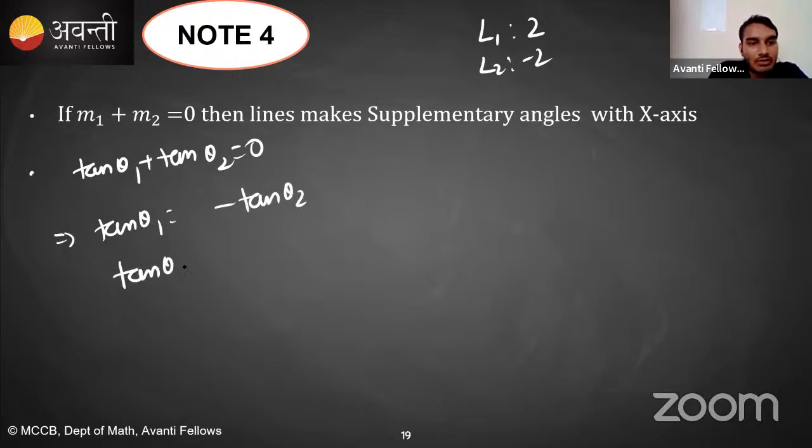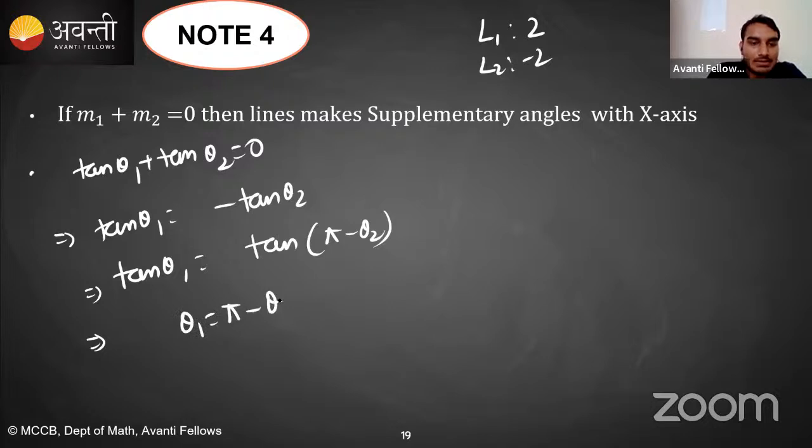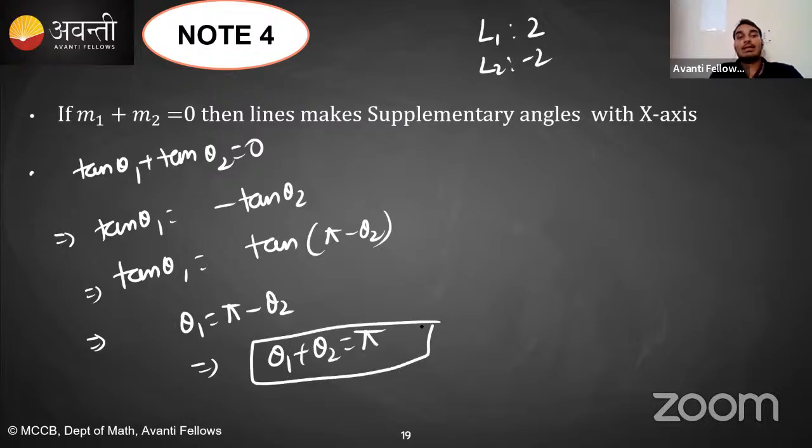And from trigonometry, tan of pi minus theta is minus tan theta, right? So minus tan theta 2 I can write as tan of pi minus theta 2. So theta 1 is pi minus theta 2. So from here theta 1 plus theta 2 is equal to pi. Means if your sum of the slopes is 0, then the lines make supplementary angles with the x-axis.